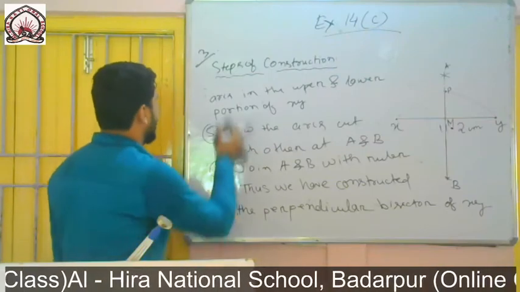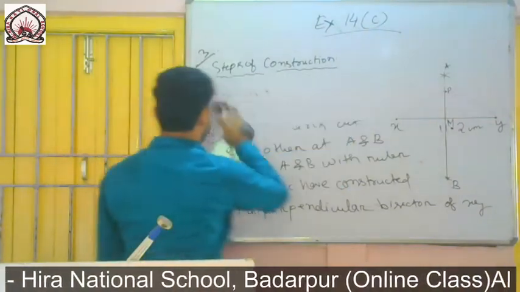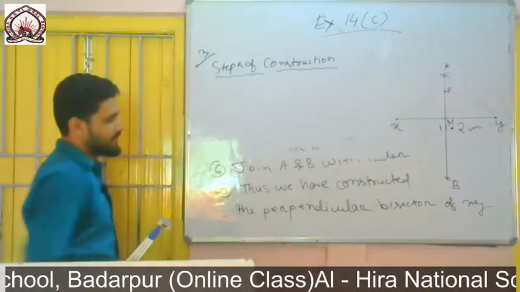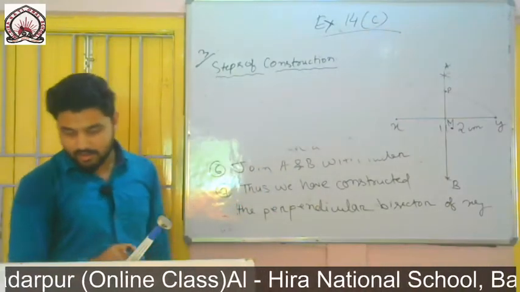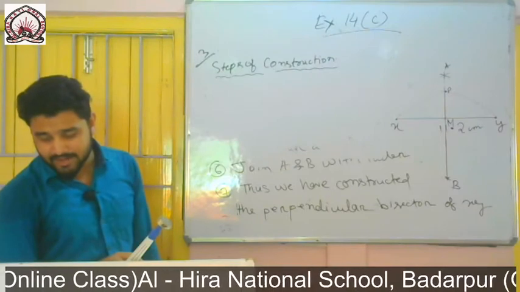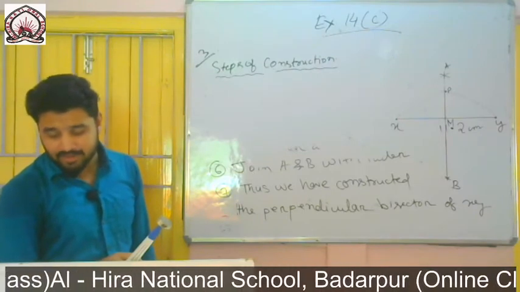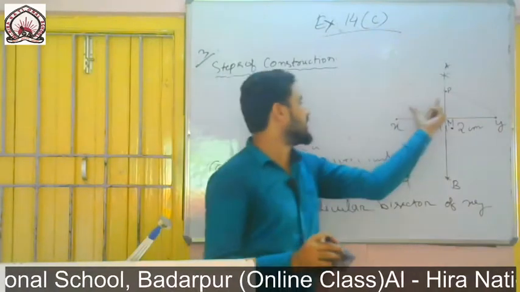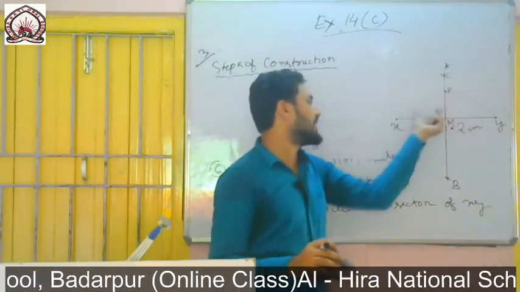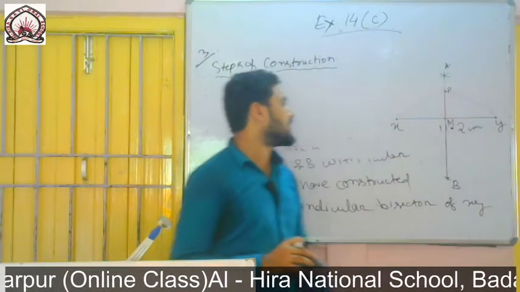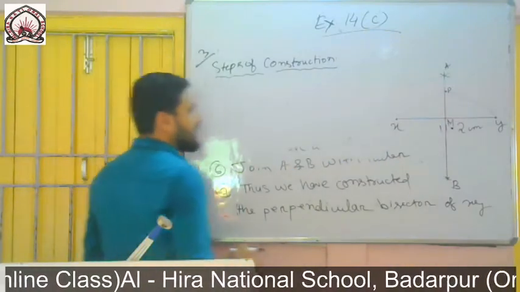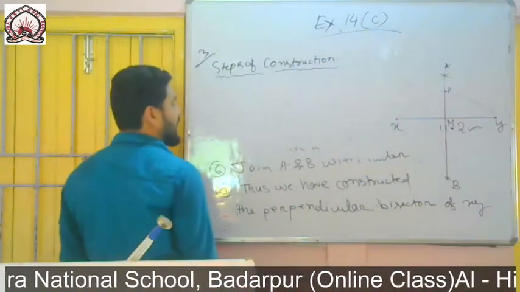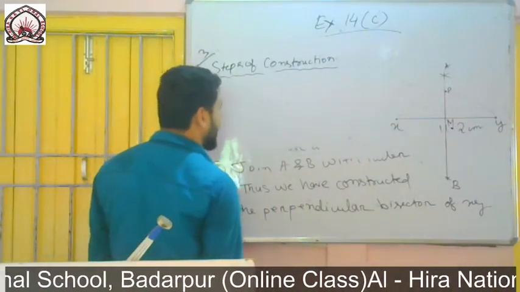Take any point P on the perpendicular bisector drawn. Examine whether Px equals Py. Earlier I said that these two lengths will be equal after bisecting perpendicularly.